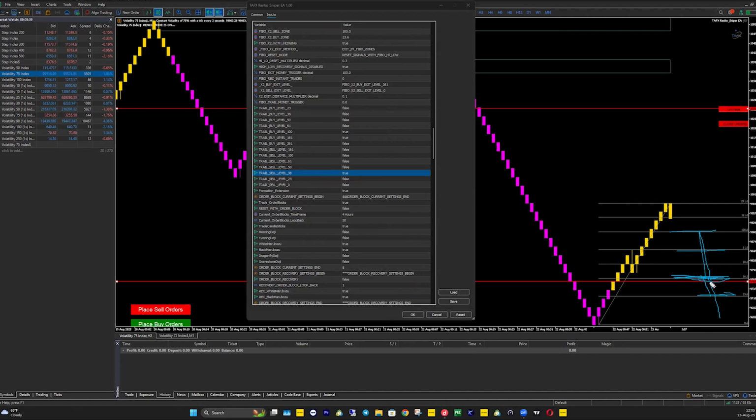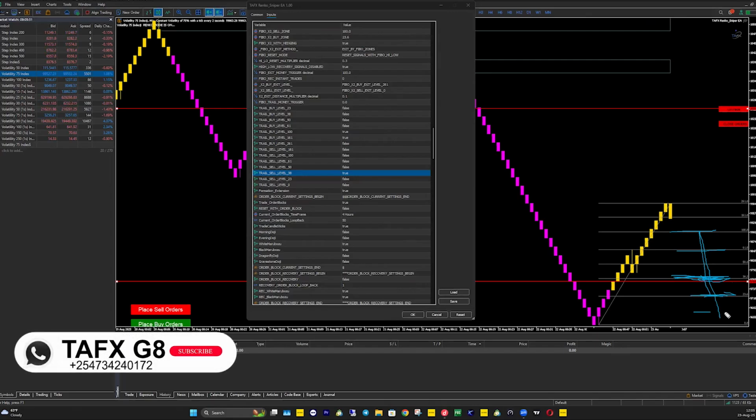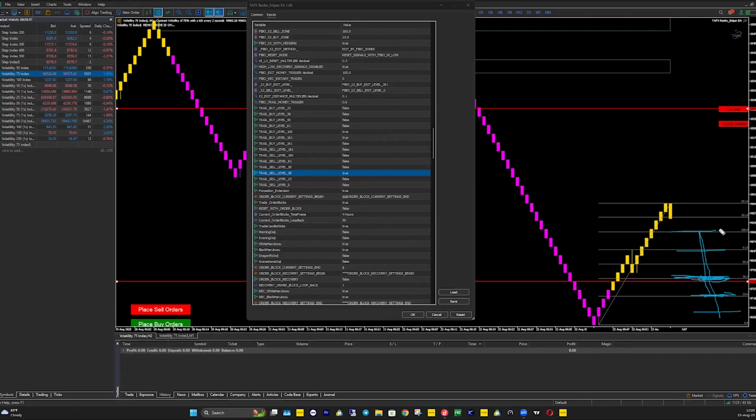So if it has gone another distance like from 38 to 23, then again it will move the stop loss, that trailing stop, to that level. The distance will be equivalent to the distance from 38 to 23, or the distance from 100 to 161 if it is a buy. So the distance is the same. So it cannot just trail, it will trail according to the level.